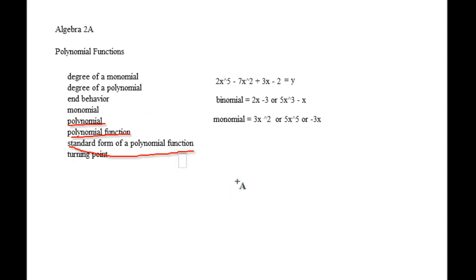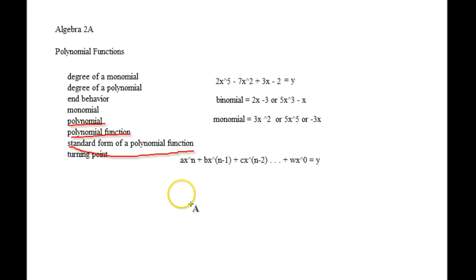It usually starts out with ax to the n plus bx to the n minus 1 plus cx to the n minus 2, and so on until you get down to the last letter, let's say w, plus wx to the 0, and that equals y.